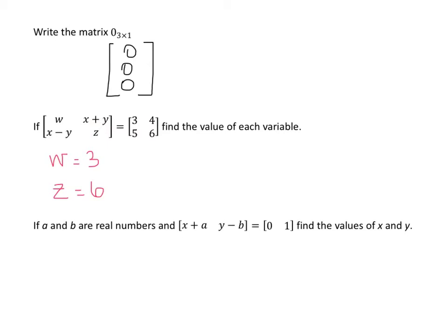The next two elements are a little harder. We have x plus y equals 4, x minus y equals 5. So we could actually set this up like a system of equations.